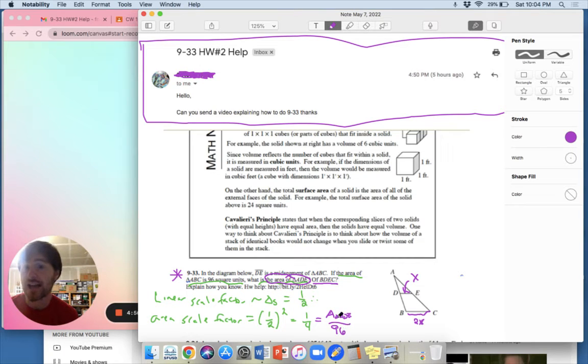I just take 96 divided by 4, I get my answer. I could also cross multiply. I would get 4 times the area of ADE equals 96. Okay, divide by 4. So obviously the area of triangle ADE would have to equal 1/4 of this 96, which is 24 square units. So that is my first answer here for this guy.